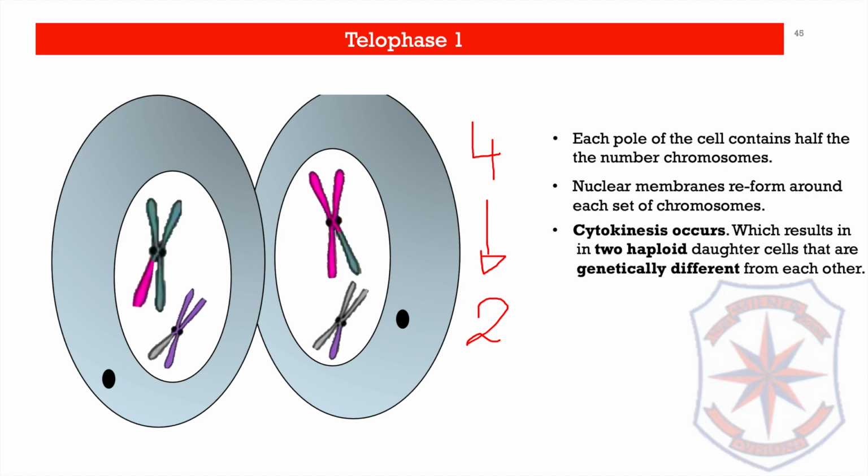If it was a human cell, we would have started with 46 chromosomes, the diploid number, which after meiosis will result in half of that, which is going to be 23 in each one of the 2 daughter cells. Okay.